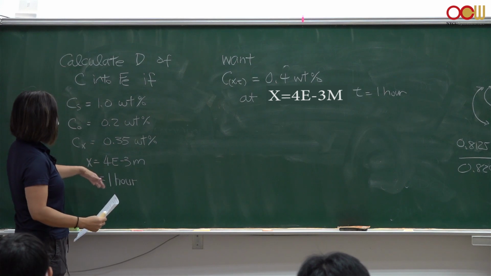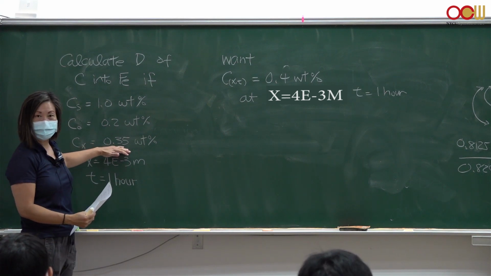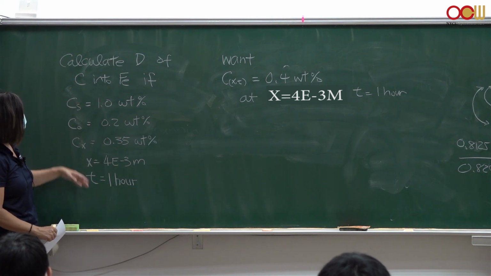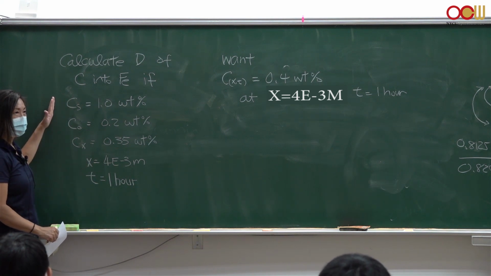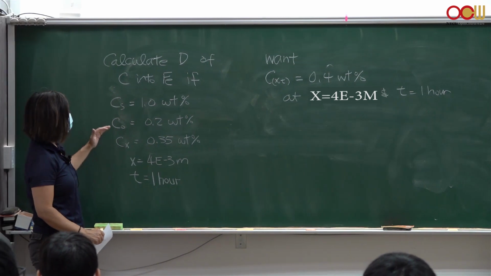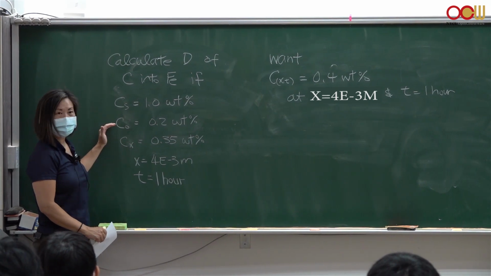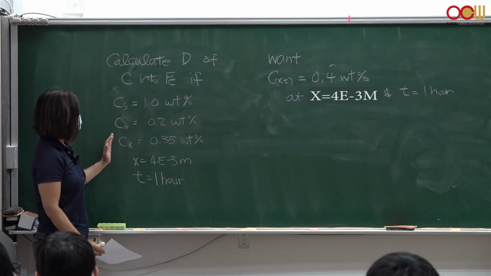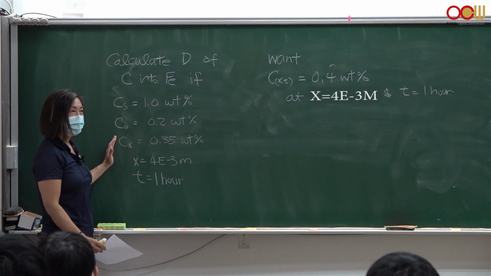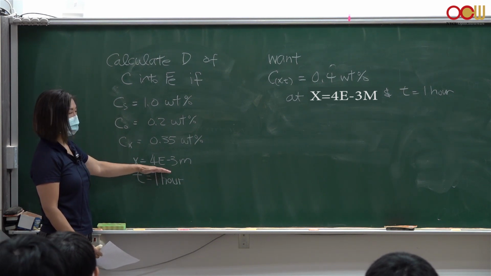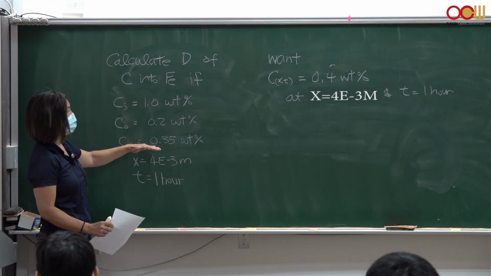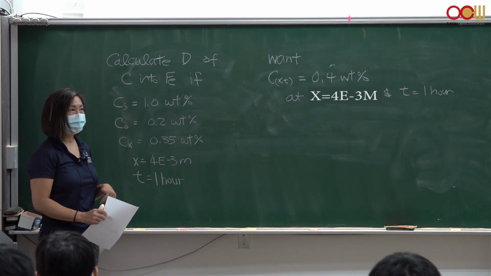So everything stays the same except you want more carbon, right? You have the same x, the same t, the same surface concentration, and the same initial concentration of carbon. But instead of 0.35 weight percent carbon at 4 times 10 to the negative 3 meters, you want 0.4 weight percent carbon.